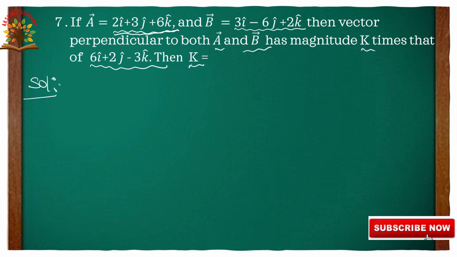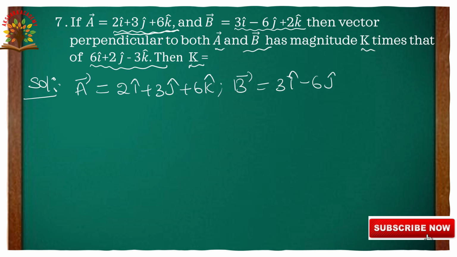Here given a bar is equals to 2i cap plus 3j cap plus 6k cap and b bar is equals to, they given as 3i cap minus 6j cap plus 2k cap. Now we are finding the a bar cross product of b bar.